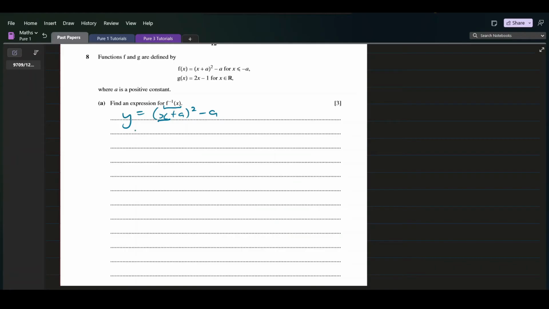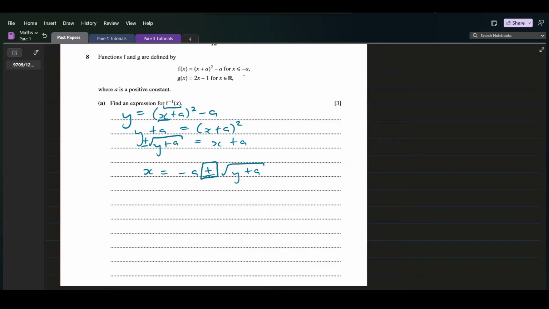So we're going to add a to both sides, so y plus a is equal to x plus a squared. Take the square root of both sides, root y plus a is equal to x plus a. Remember that this is plus or minus, and then this becomes x is equal to negative a plus or minus the square root of y plus a. We need to pick a sign here.